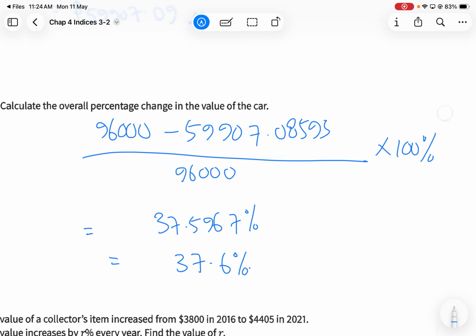Okay? So over 5 years, the depreciation is actually 37.6%. Whatever you start with, you already lost 37.6%.